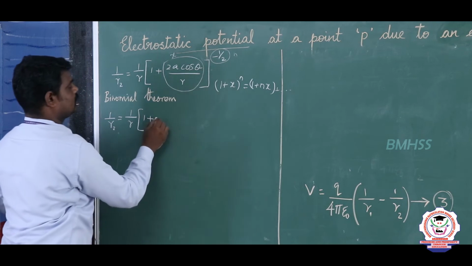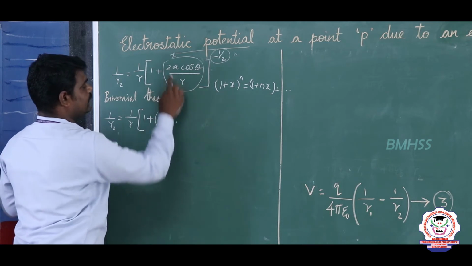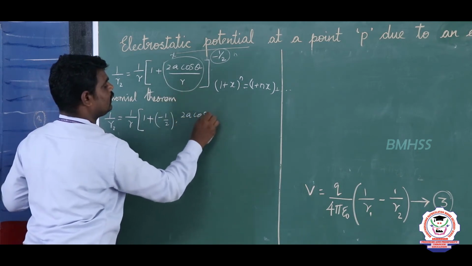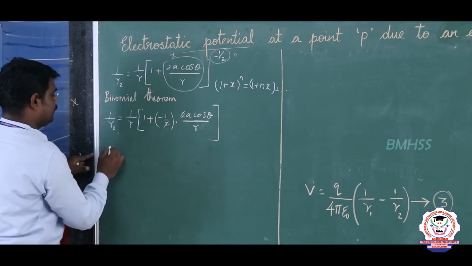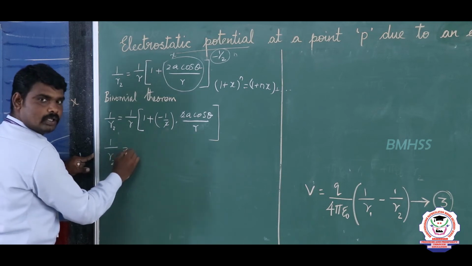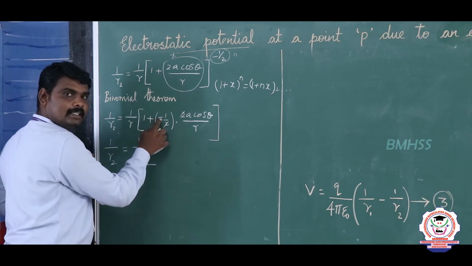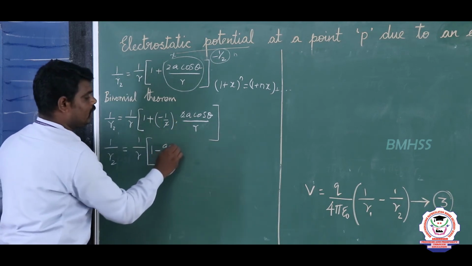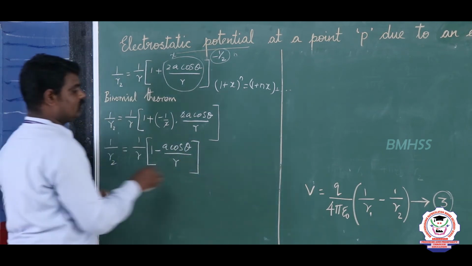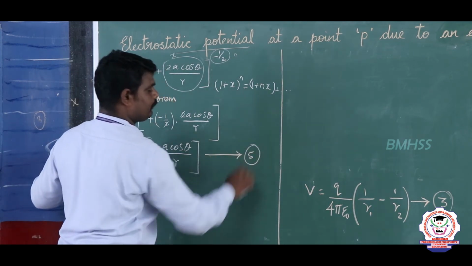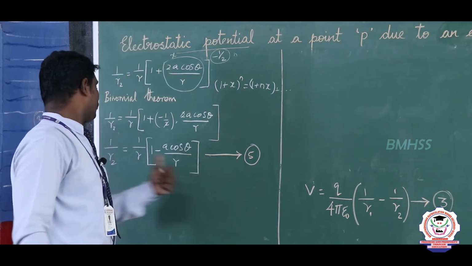So n into x, n value is minus 1 by 2, minus 1 by 2 into x, which is 2A cos theta by R. So the 2 cancels, then remaining 1 by R2 is equal to 1 by R into 1 plus into minus, minus A cos theta by R. So this is equation number 5. See, equation number 4 is for 1 by R1 and equation number 5 is for 1 by R2.